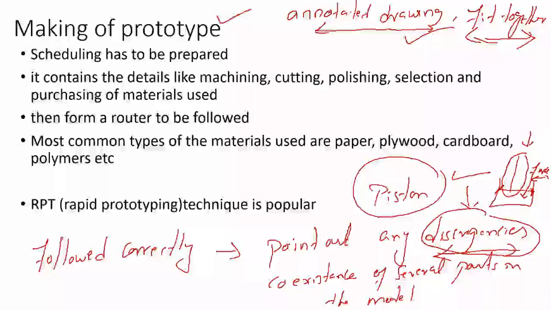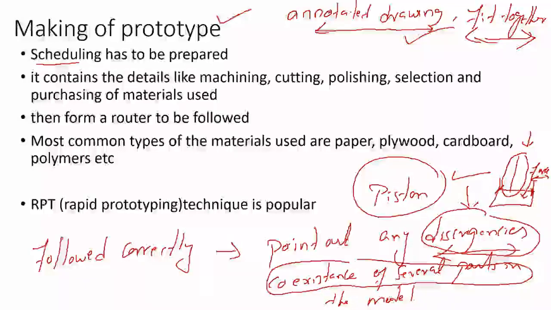In short, what I am trying to say is, while making a prototype, we can easily identify the discrepancies of the coexistence of several parts in the particular model, right? So once after the conclusion has been arrived, we go for the scheduling, right? The scheduling of the process of prototype must be prepared even before the construction. Keep it in mind. Scheduling means what?